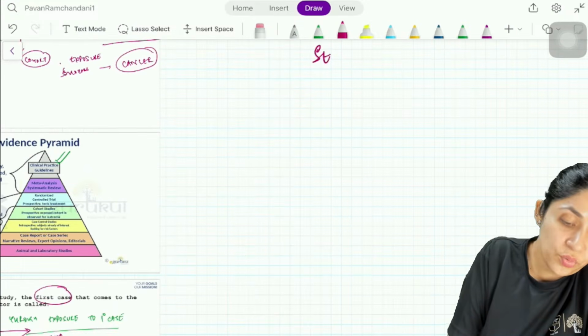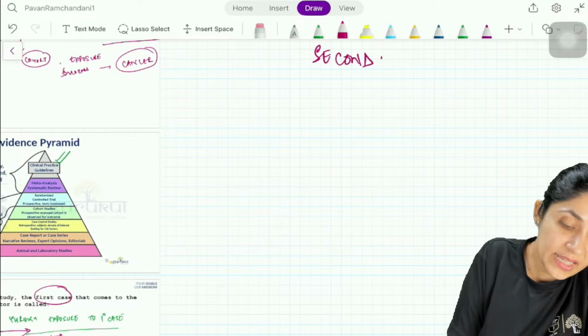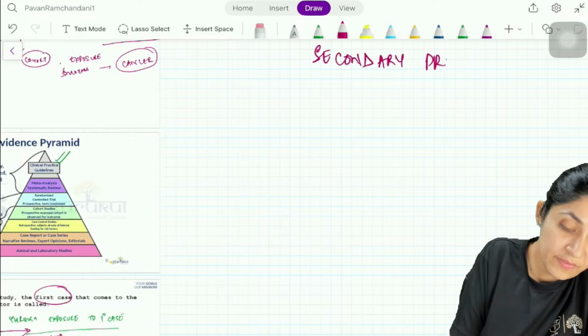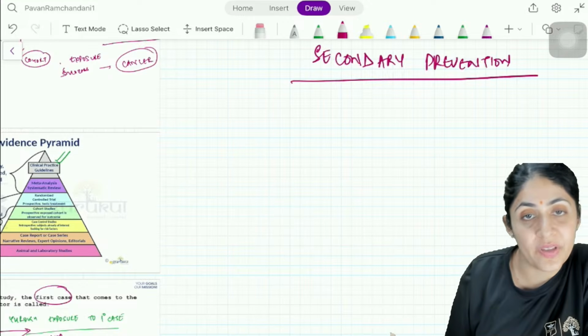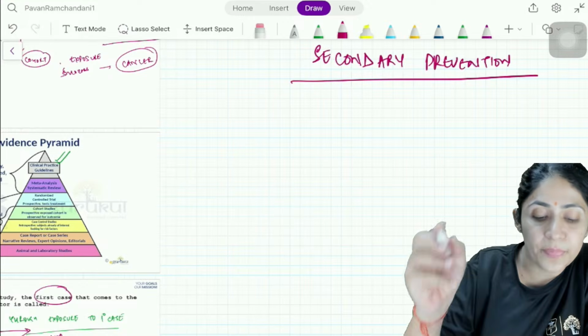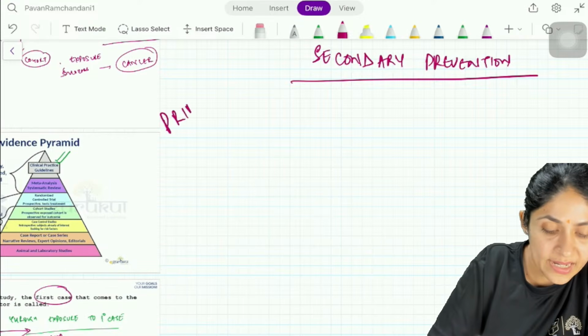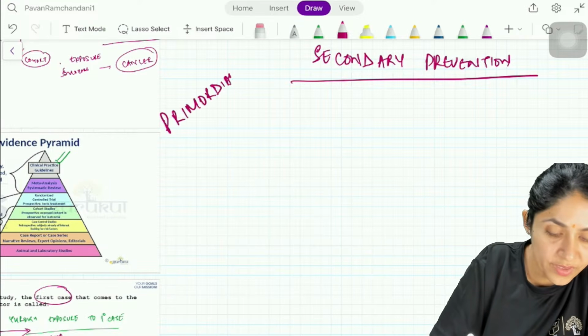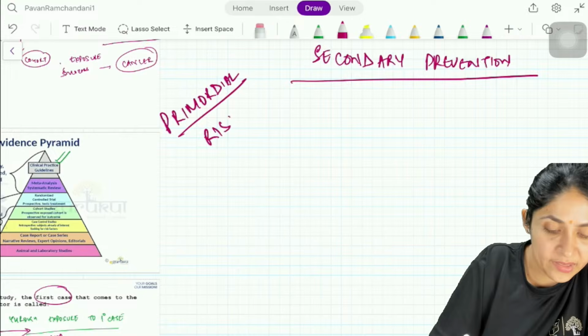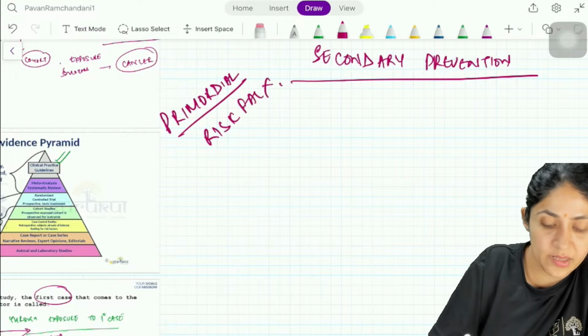Now coming to secondary prevention. What do you understand by secondary prevention? Primordial says that you remove the risk factor that is not present.